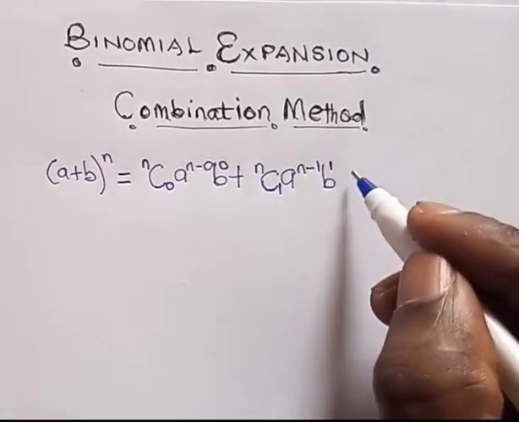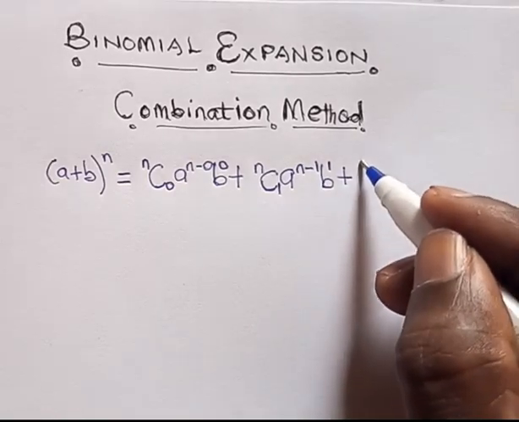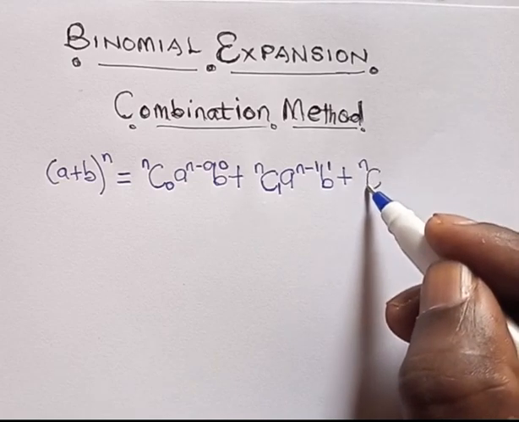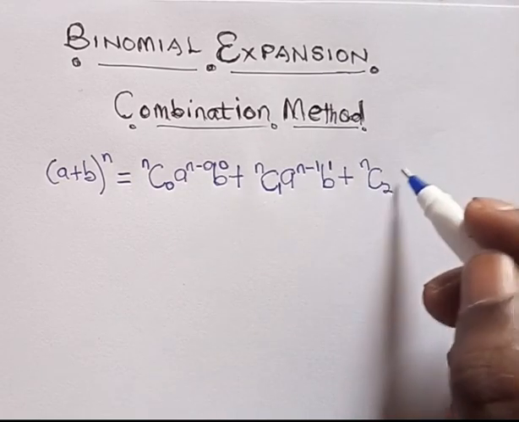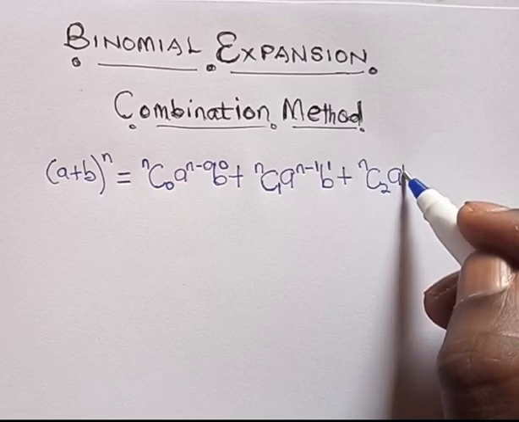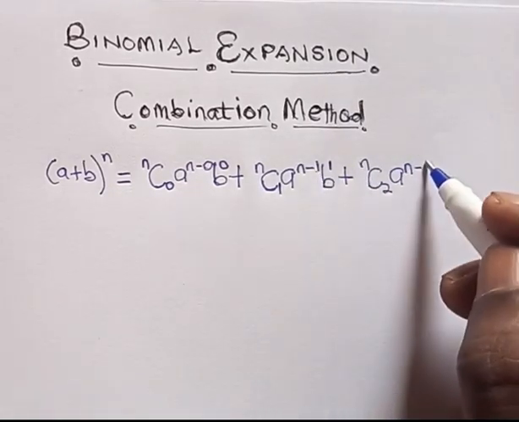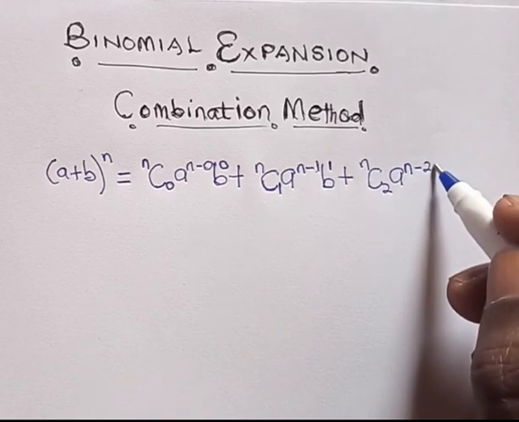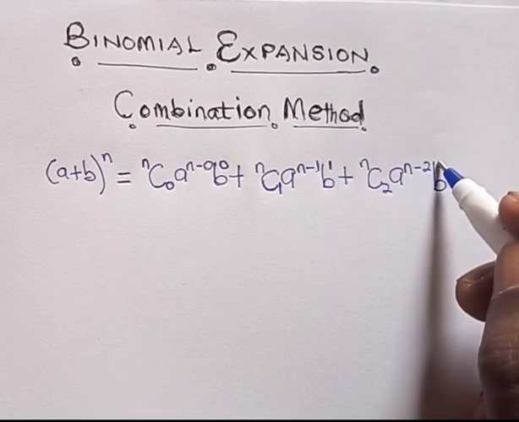Let's write the next term, which is n combination. If here is 1, then here is automatically 2. And then we have a, a exponent n minus, then here was 1, so here becomes 2, and then the b exponent will also be 2.